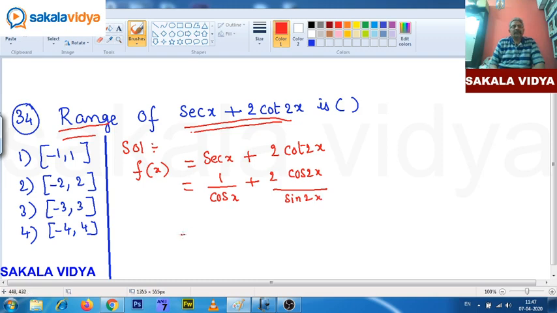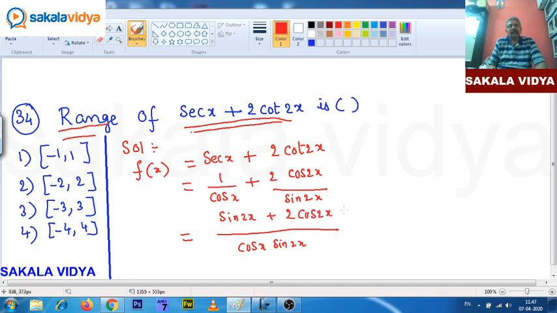So, this we can write now: sin 2x plus 2 cos 2x cos x, over cos x into sin 2x.